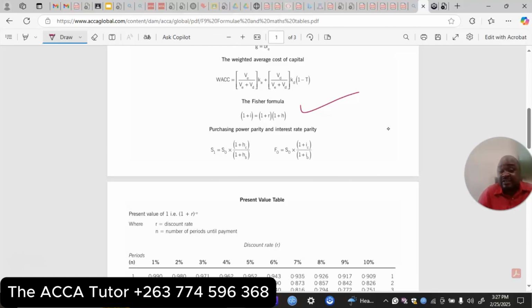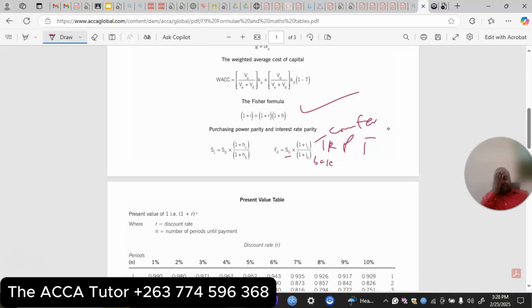They are not explaining the variables, but like I said, this one is the interest rate parity theory, okay, and this one is the spot rate, and this one is the interest in the base country, and this one is in the counter country.